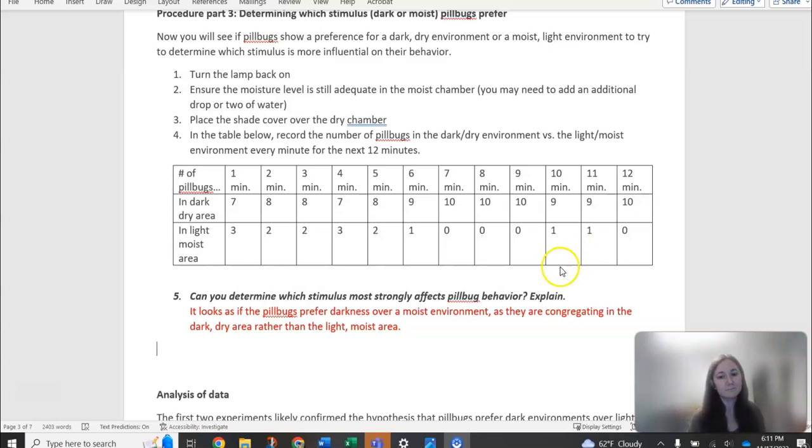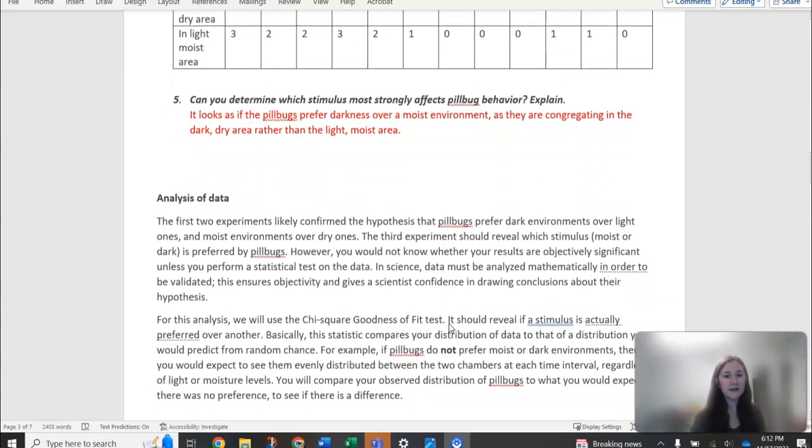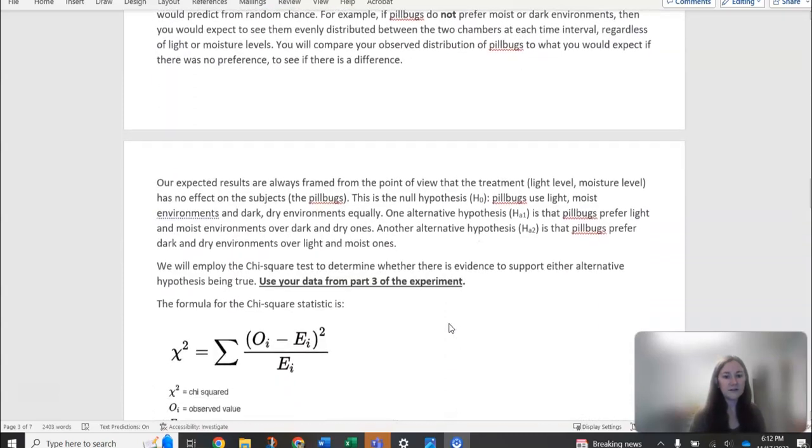So keep in mind that the null hypothesis is one of no relationship between the variables. If the null hypothesis is true, that means there is no preference. There's no evidence to say that the pillbugs are showing a preference for one area over another. Okay, so let's walk through the chi-square calculation here with these data.